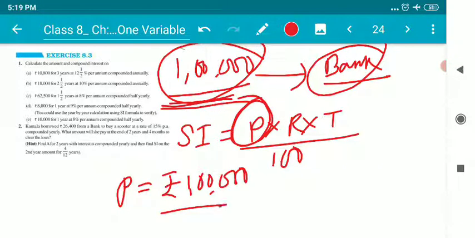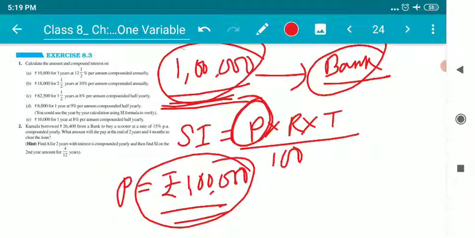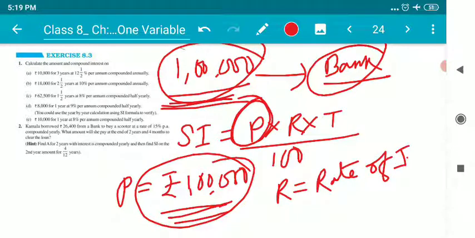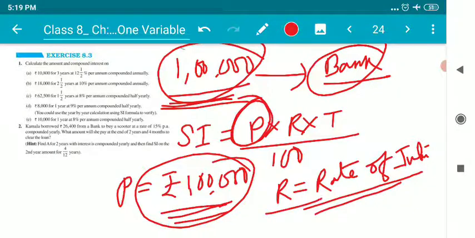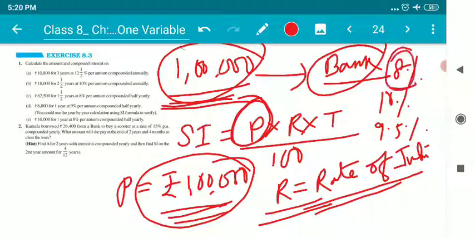R stands for rate of interest. Rate of interest means the percentage on which the extra amount will be calculated. It varies from bank to bank. Some banks charge 10%, some 9.5%, some 8%. So it depends on where we are getting the loan from.